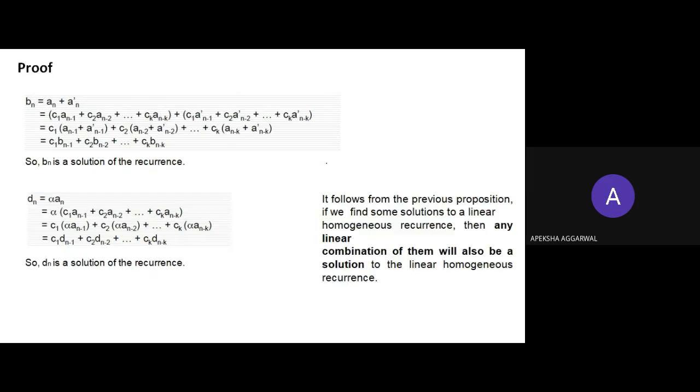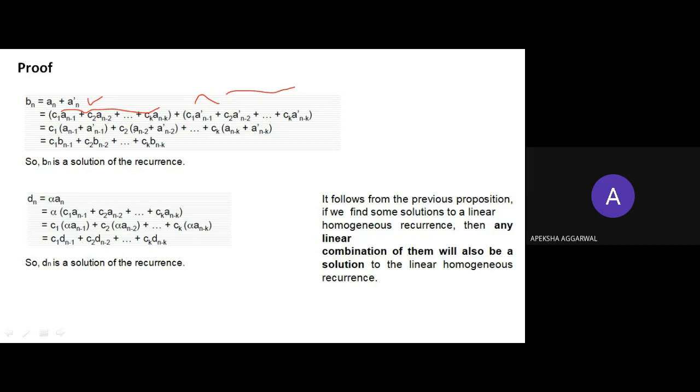Now, the proof of the previous proposition. The first proof says that if you add two solutions of a recurrence, you will get something which is also a solution. So c1 an minus 1 plus c2 an minus 2 up to ck an minus k, plus c1 an minus 1 dash plus c2 an minus 2 dash, because this is another recurrence and this is another recurrence, and you are adding these.